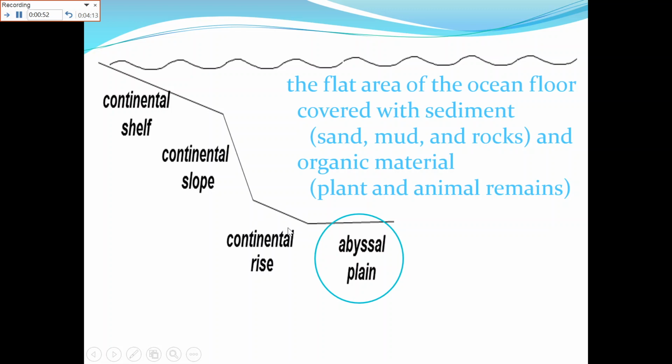You have a huge gathering of sediment here. I'm sure this was once a lot steeper, and then it's gathered sediment, gathered sediment, gathered sediment, until it's a lot less steep. And this is your continental rise. And then, of course, the flat areas in the ocean is the abyssal plain. All of this is covered by sediment, sand, mud, rocks, organic material.